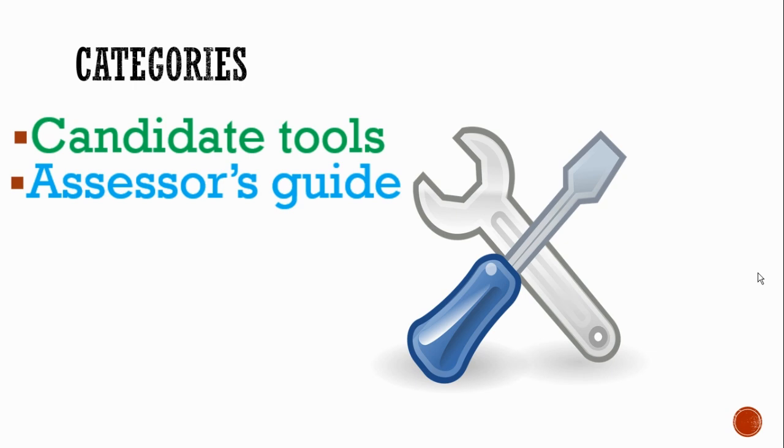And then you have a category of assessment tools that are called assessor's guide. And assessor here means the trainer who is actually going to administer these candidate tools. And therefore, what guides the candidate tools or those assessments that you're going to develop.